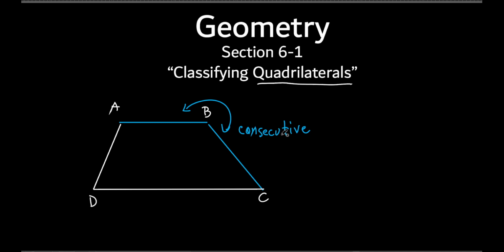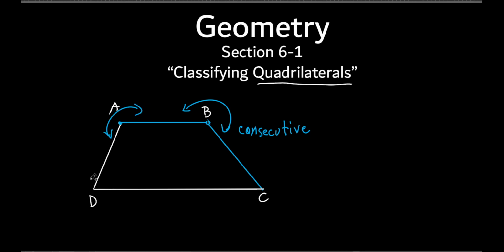There are other consecutive sides here. I didn't show all of them to you. So what would be another pair of consecutive sides? Like AD. What would be a side that's consecutive with AD? Say it. DC, right. AD and DC. They would be consecutive sides. Any two sides that touch each other, basically, okay? So these two touch right here. These two right here touch right there. These would be consecutive sides, right?